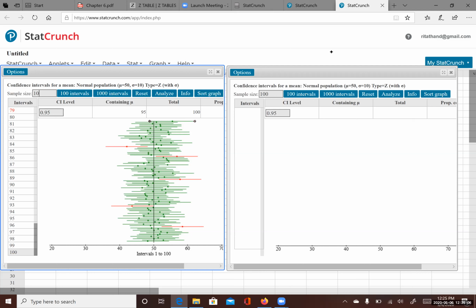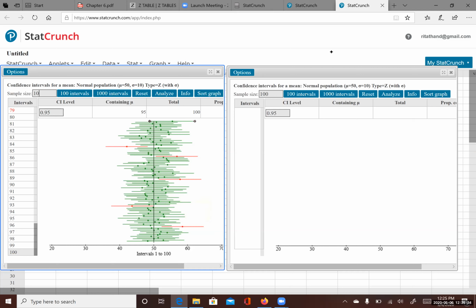Again, this is a simulation, not a real experiment, because in real life we have no idea what the population mean is. But when we do a simulation, we assume that the population mean is around 50. You can see that you have 100 horizontal bars, and each bar represents a confidence interval.